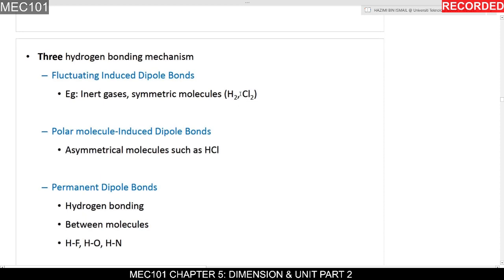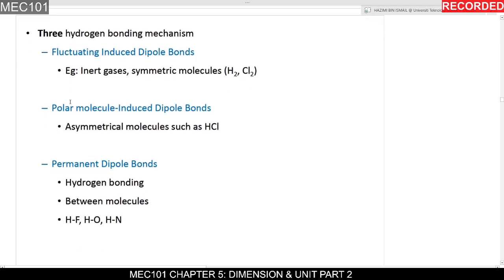Despite the hydrogen itself having covalent bonding, it also has the van der Waals. So that's why we call van der Waals the secondary interatomic bonding. It also occurs between asymmetrical molecules such as hydrogen chloride. Hydrogen chloride is ionic bonding, but it also has the van der Waals for the secondary bonding.